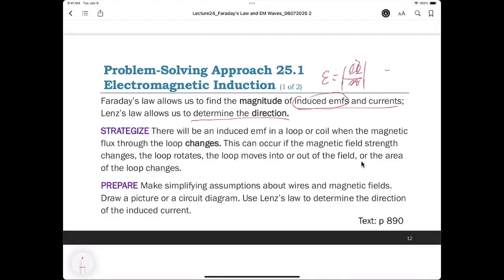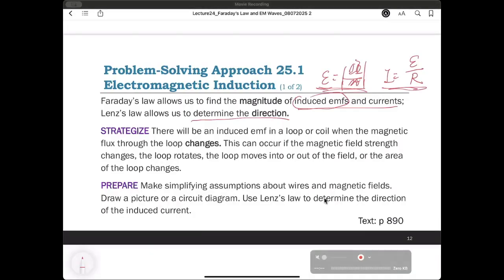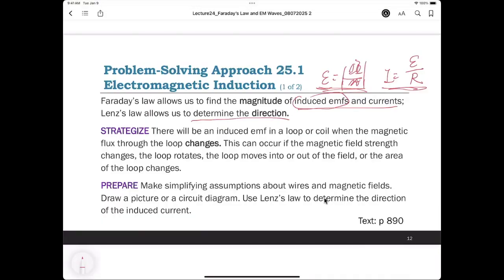And I equals induced EMF divided by R, like V divided by R. This is Ohm's law, and this is Faraday's law. Faraday's law allows us to find the magnitude of induced EMF and currents, and Lenz's law allows us to determine the direction. We have already talked about a lot, and we will talk about it more in the next class.